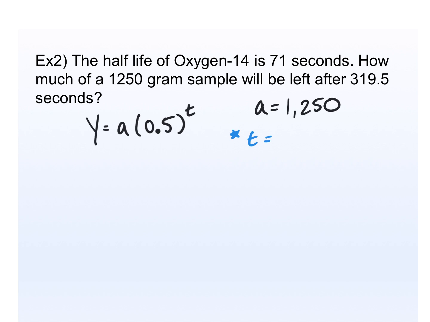Okay? Because remember, it is the number of seconds you look at divided by the number of seconds, in this case, for a half-life. So the big number was 319.5. Divide that by the number of seconds of the half-life, which is 71. So if you go 319.5 divided by 71, guess what you get out?